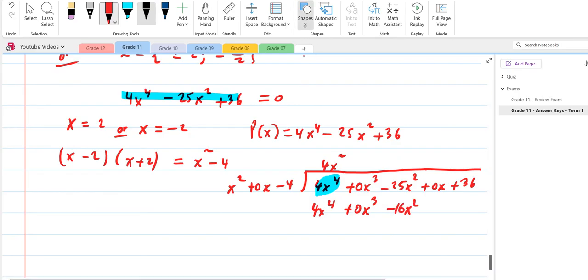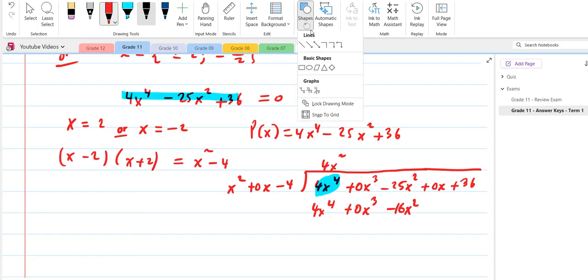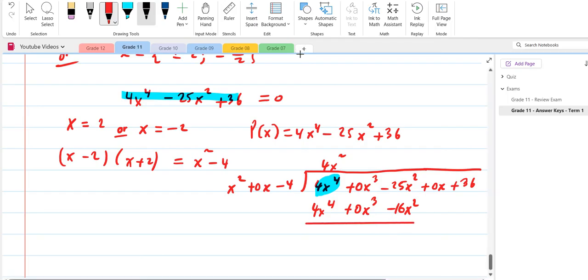Now we're subtracting. If you subtract, you get 0, and minus 25 plus 16 is minus 9x squared. Bring down the 0x. Now you can see 3 terms cannot go into 2 terms, so you put plus 0x. And now you do a double bring down, that's the reason why we put 0x plus 36.